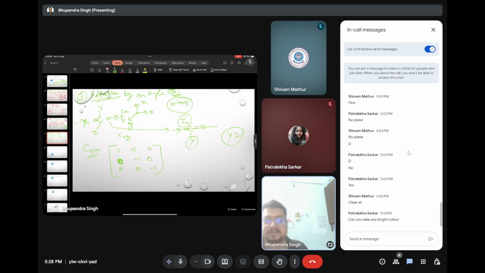Along the x-axis, atoms are present. They are not going to change their position. Other atoms are going to change their position. So this will remain 1. These two will be -1, -1. So this is the transformation matrix for this C2x.